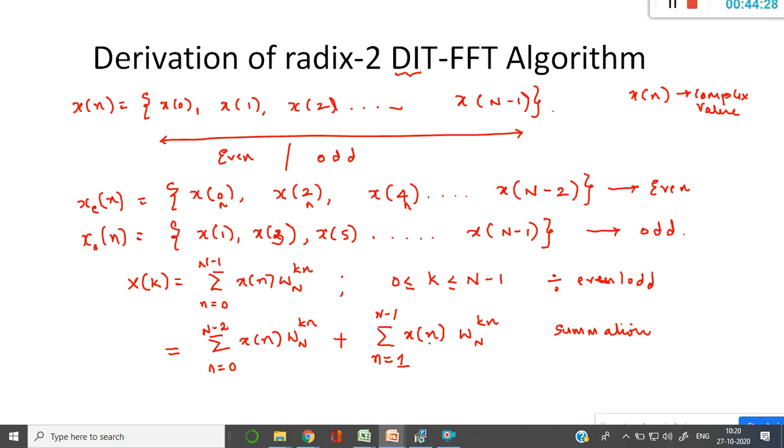Now let me try, is it possible to split this equation in such a way that the summations start with the same limits, instead of 0 to N minus 2 and 1 to N minus 1? Is it possible to make both the limits the same? So this is the even sequence, this is the odd sequence. Now let us try that one.